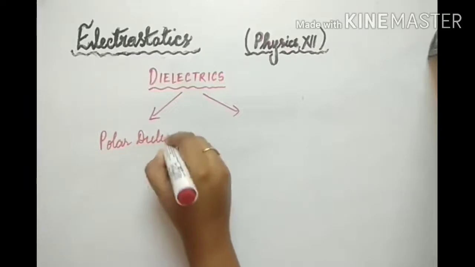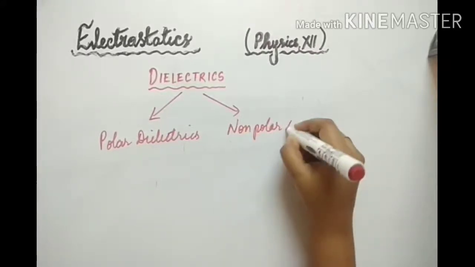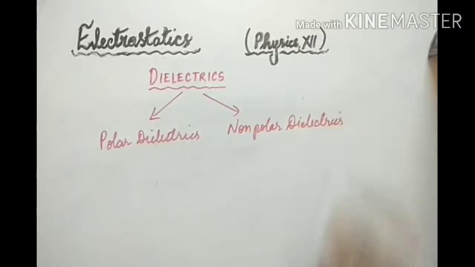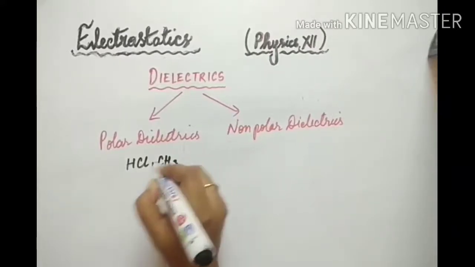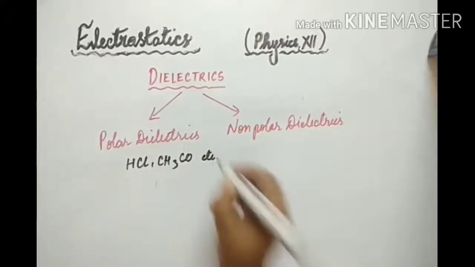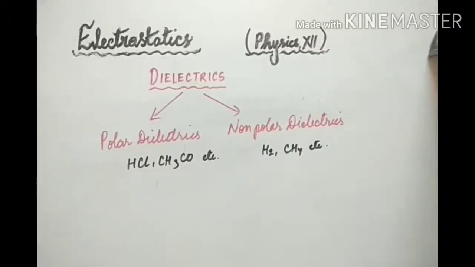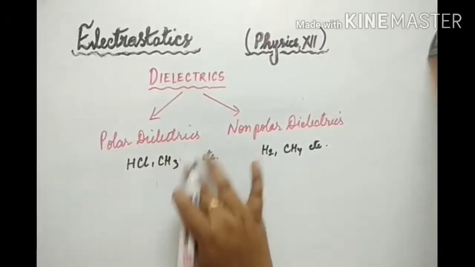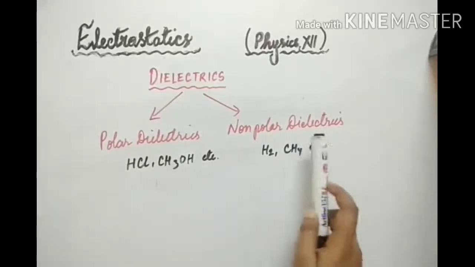Examples of polar dielectrics are HCl, CH3OH, CO, etc. Examples of non-polar dielectrics are H2, CH4, etc. So here we see two examples, polar dielectrics and non-polar dielectrics.